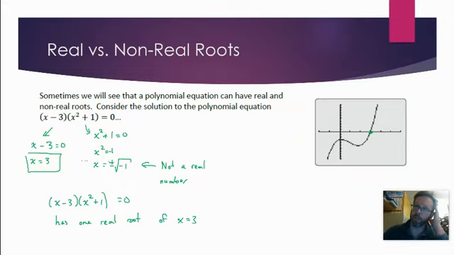We know the corresponding function here is cubic, and a cubic polynomial might have 3 x-intercepts, it might have 2, it might have only 1, but it's guaranteed to have 1. And as you guys can see here, this is one of those cases. So just because you can factor and just because you have multiple factors doesn't mean you're going to have multiple real roots. In this case, just one real root.